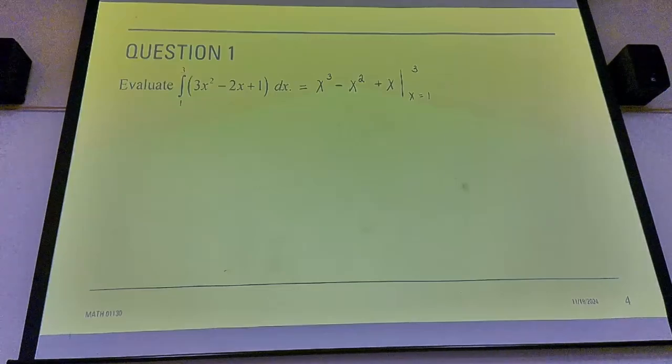So I'll look at x cubed and do that from 3 to 1. 3 cubed, 1 cubed. 27 minus 1. That's x cubed from 1 to 3.